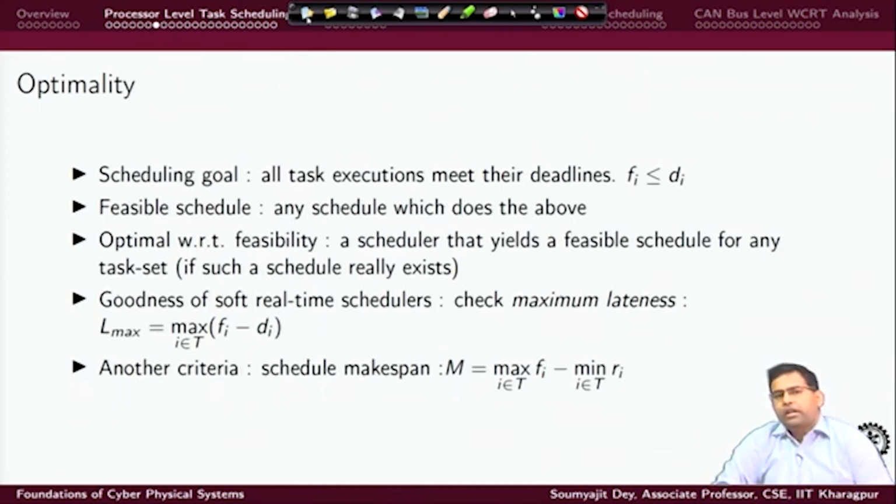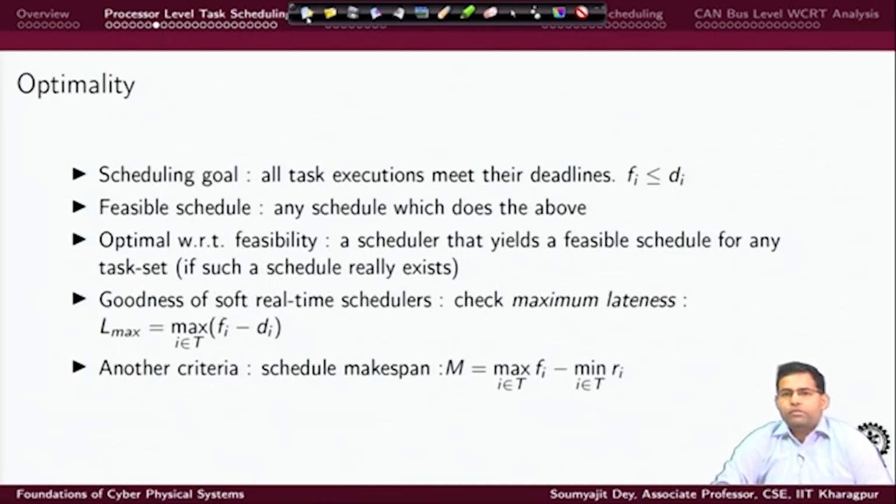This means that as long as a feasible schedule exists for a given collection of tasks, if my scheduler is able to find that schedule which really exists, I would say that this is an optimal scheduler. But it is optimal with respect to what?